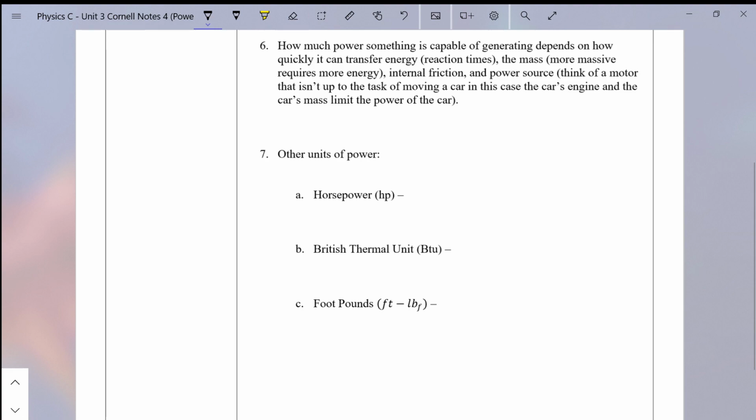There are some other units of power that you've probably heard of that are very common. We have horsepower, which is the amount of work done by a horse.